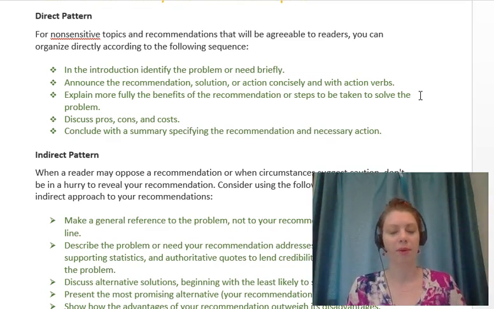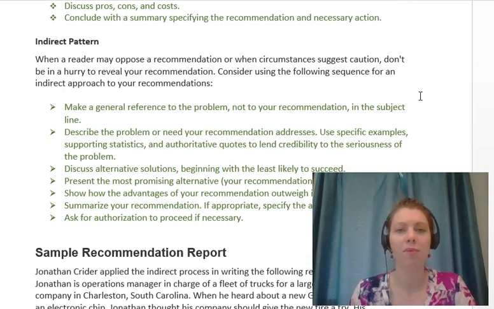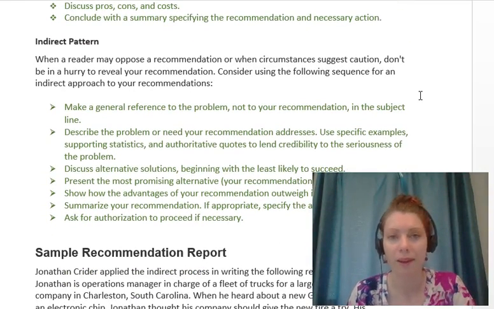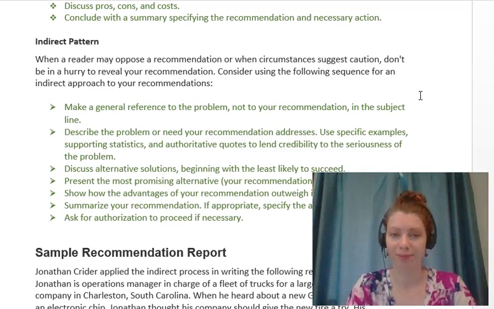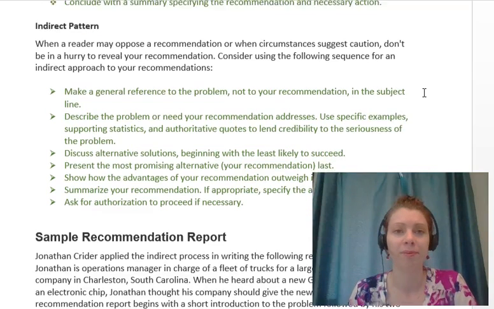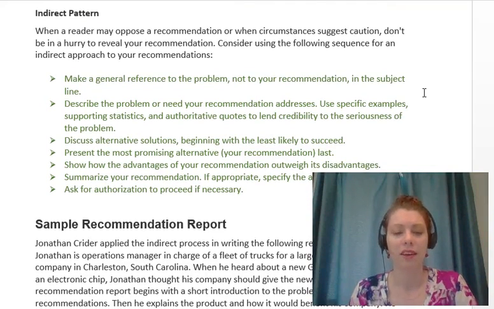For the indirect approach, when a reader may oppose or not agree with your recommendation, or when circumstances suggest caution, don't be in a hurry to reveal your recommendation. Consider using these steps to help you convince your reader and get them on your side.